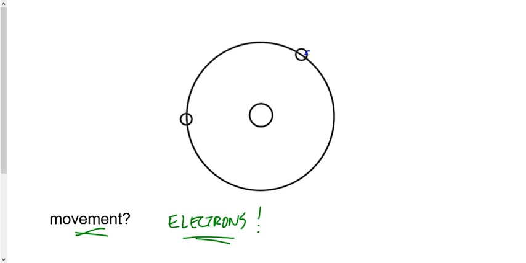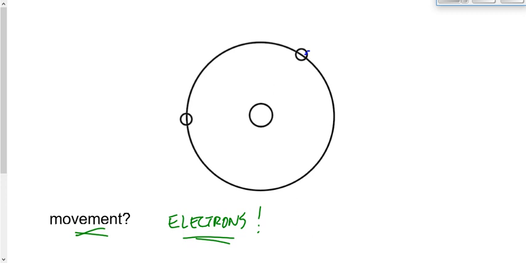Why is it, Simon, that it's the electrons that are going to move? Because the electrons orbit. Good. There is an electric attractive force between protons and electrons.